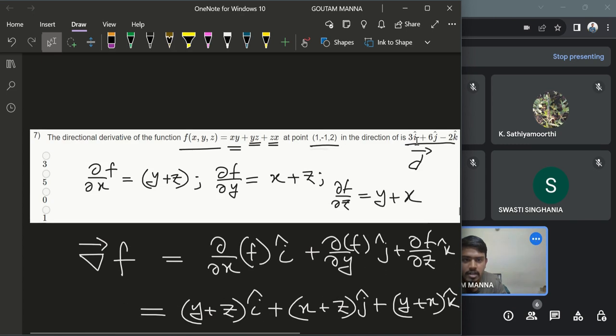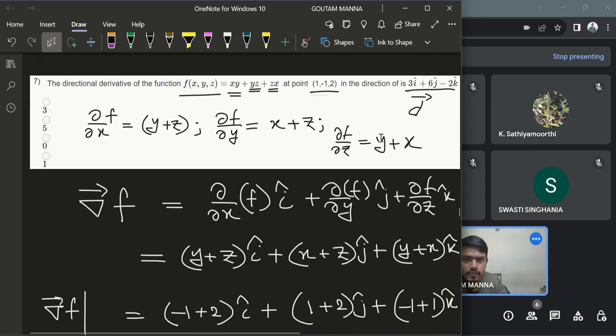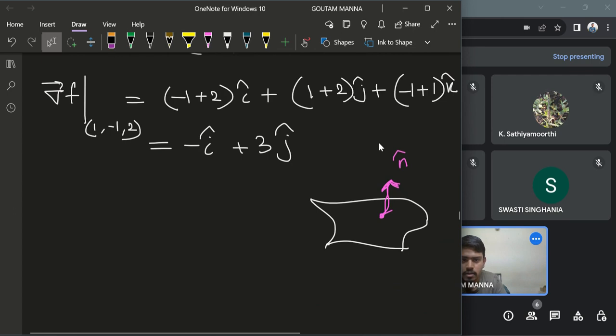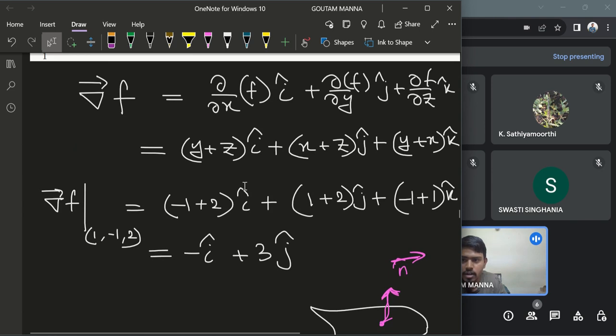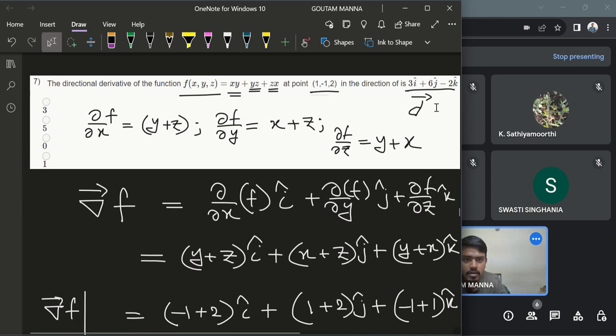So now the directional derivative means the component of this gradient of f along this direction, in whatever direction we are asked to calculate the directional derivative.